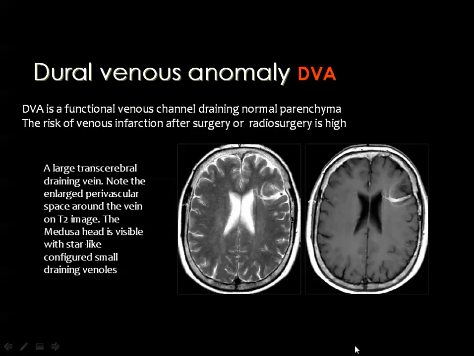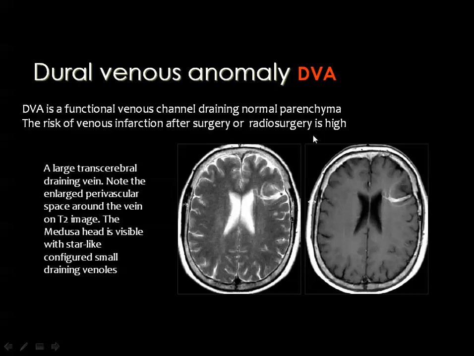And you see here, this is a good example, T2 weighted image and T1 post contrast, showing the vein and the tuft of veins drained by this medullary vein. It's very important to note that the developmental venous anomaly is a functional venous channel draining normal brain parenchyma.